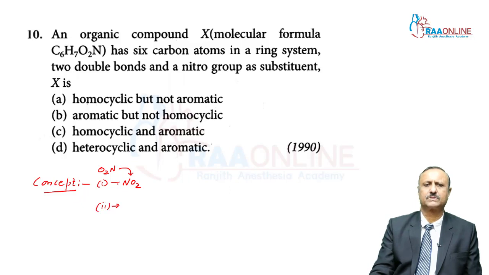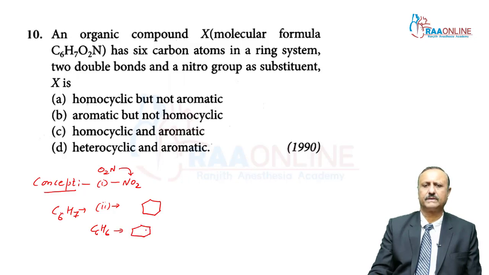You can get, my dear students, C6H7. What is the C6H7? Here, my dear students, C6H7 means a cyclic ring is present, because in cyclic rings, in the benzene ring, C6H6 is present.